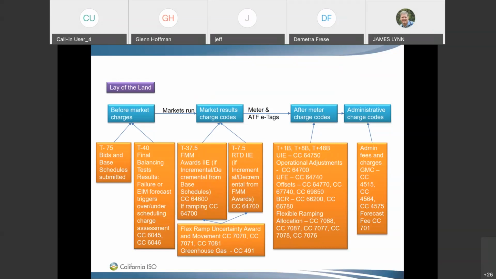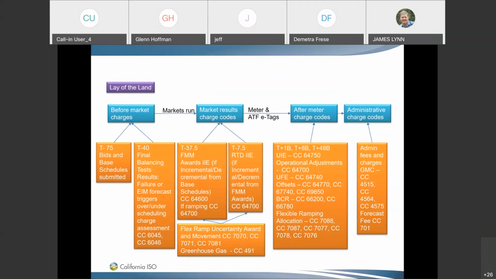And basically what it's designed to do is, it's a penalty, it truly is a penalty, so that you are not making money by leaning on the other balancing authority area. It's a penalty for leaning on other balancing authority areas.